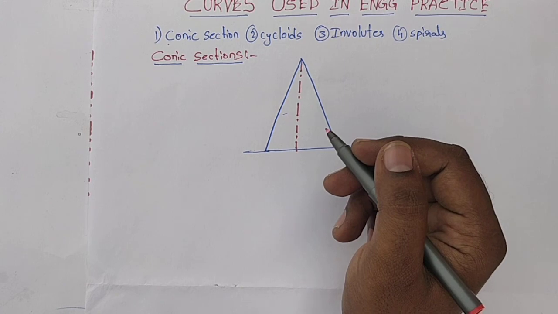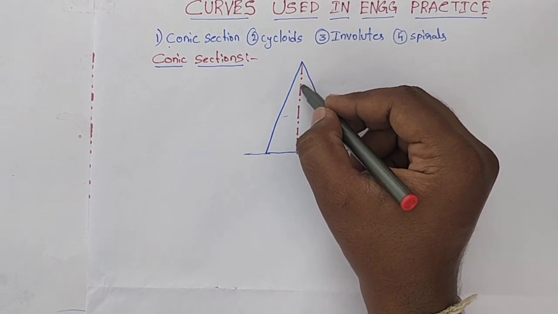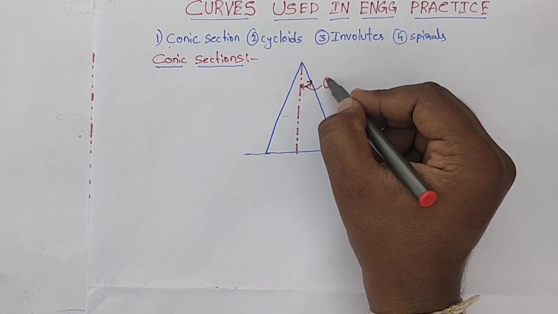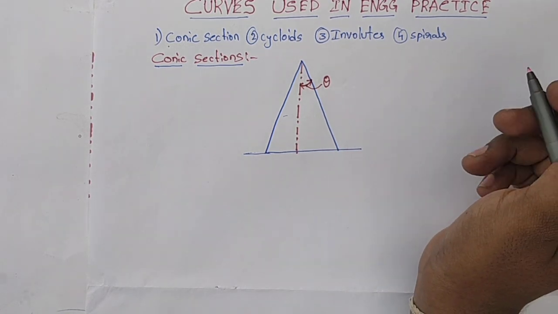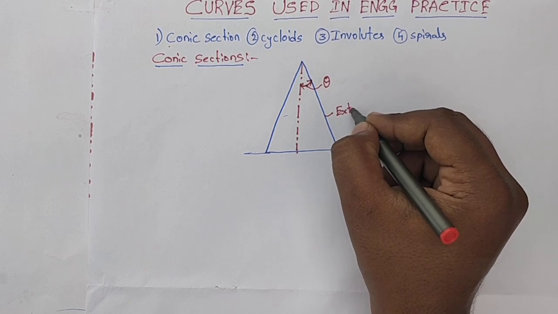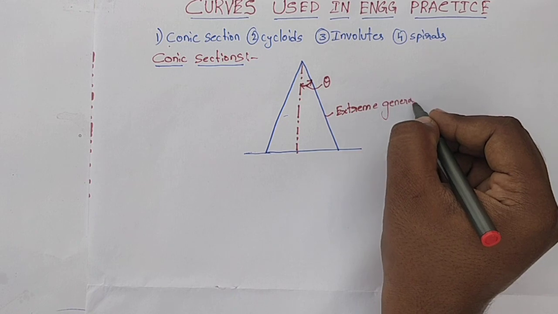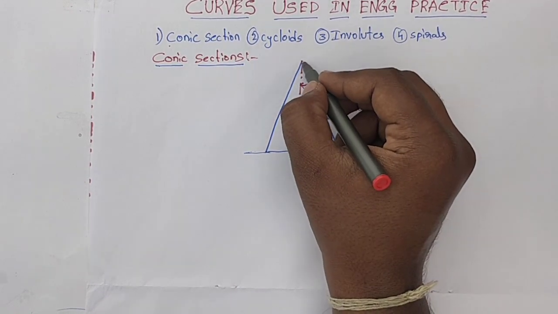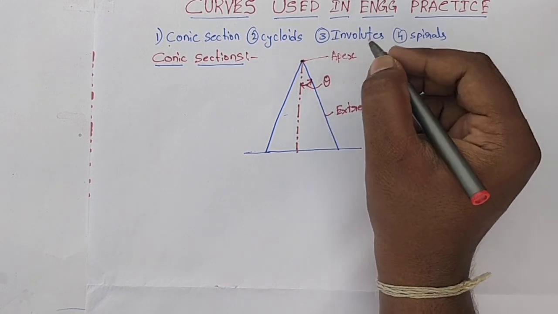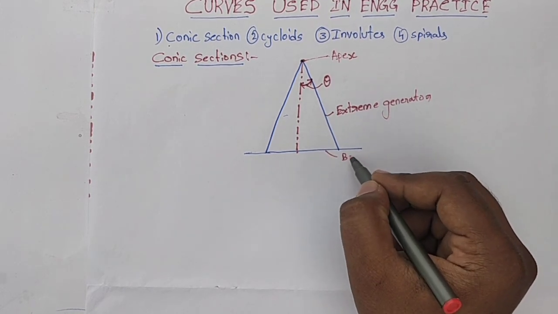Here the angle between the axis and the extreme generator is denoted by theta. This is the extreme generator, this point is the apex of the cone, this is the other extreme generator, and this is the base of the cone.